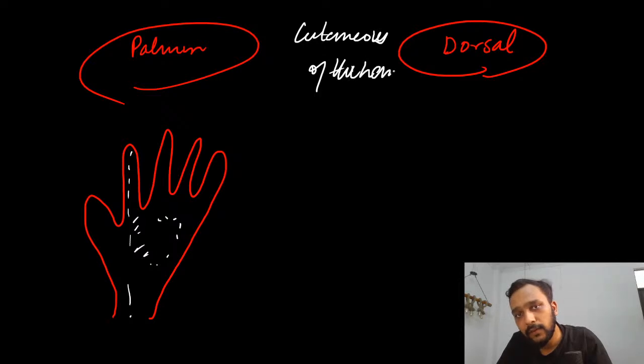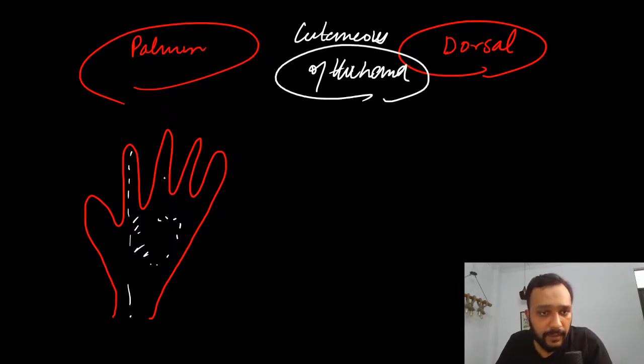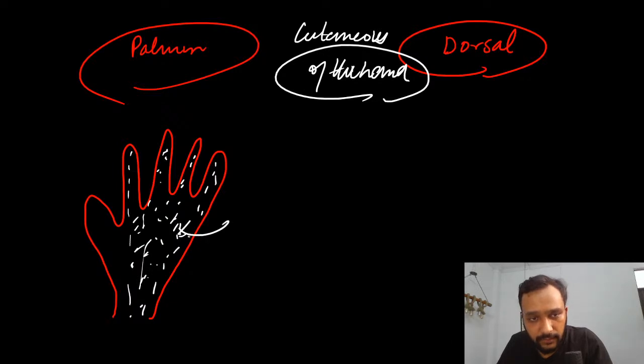So tell me, the lateral 3.5 part of the palmar aspect, the lateral 1.5 part of the hand is supplied by which nerve?